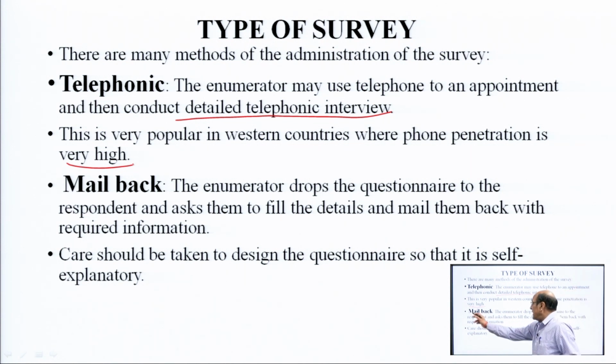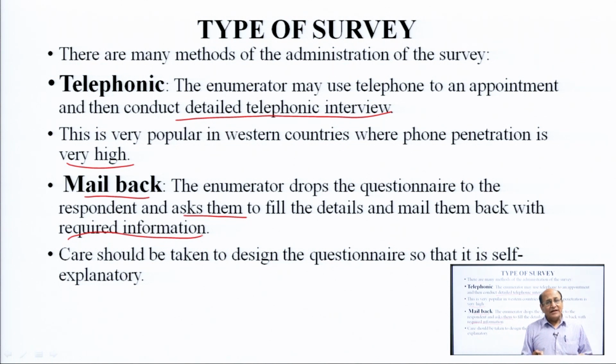So, the next is mail back. The enumerators drop the questionnaires to the respondent and ask them to fill in the details and mail them back with the required information. Care should be taken to design the questionnaire so that it is self-explanatory, means questions should be so clear that no further clarification is required.